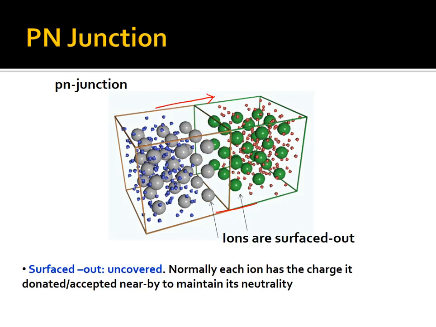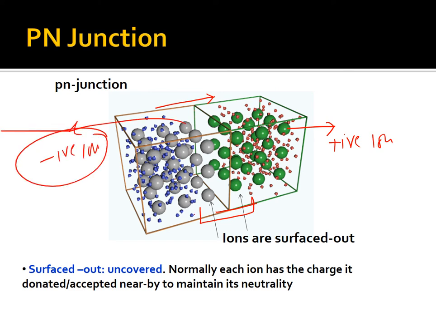Here we get nothing, and in this region we only have these ions. This was our original donor ion, a positive ion, and this is our original acceptor ion, which was a negative ion. So in this region we are just getting these ions.